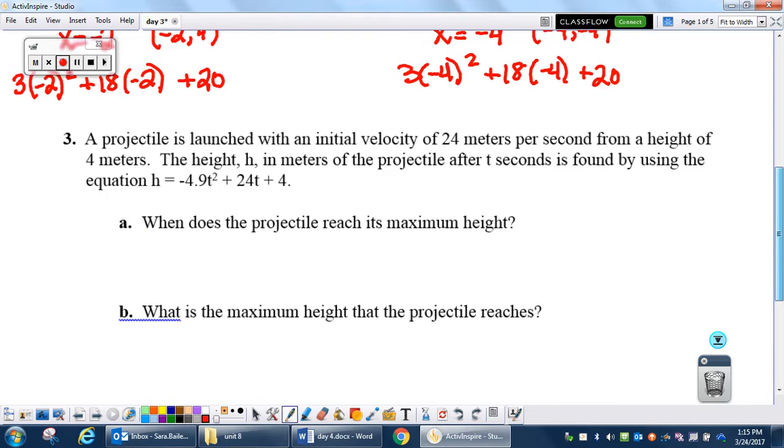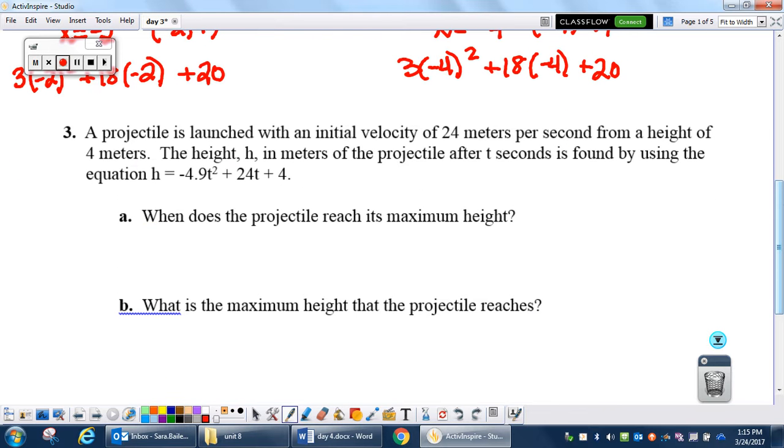the last one. A projectile is launched with an initial velocity of 24 meters per second from a height of 4 meters. The height h in meters of the projectile after t seconds is found using the equation. So here's your equation. When does the projectile reach the maximum height?